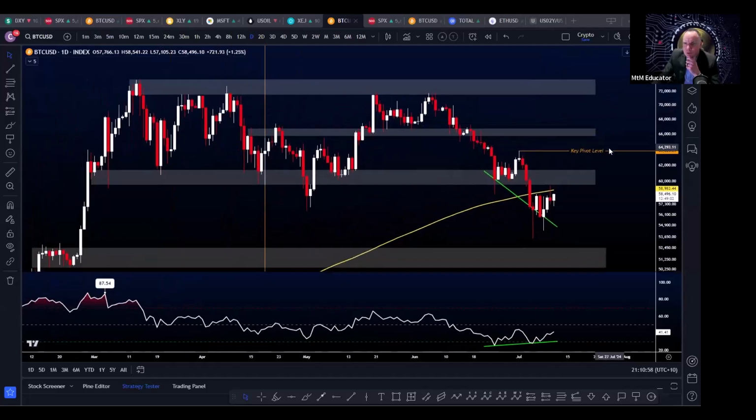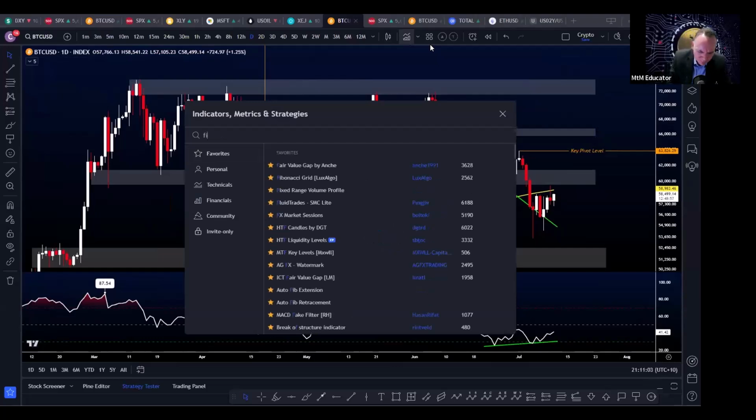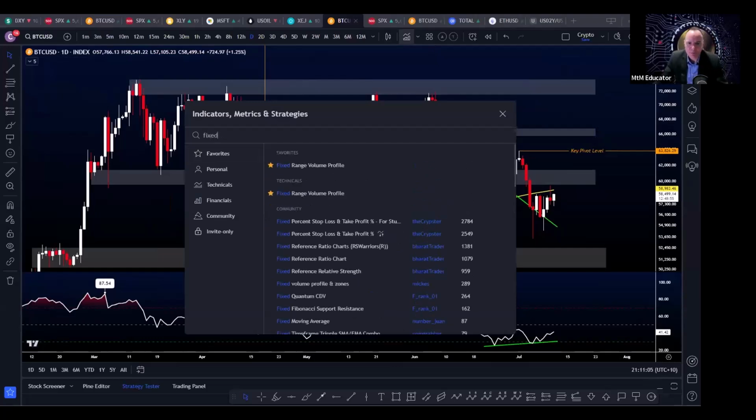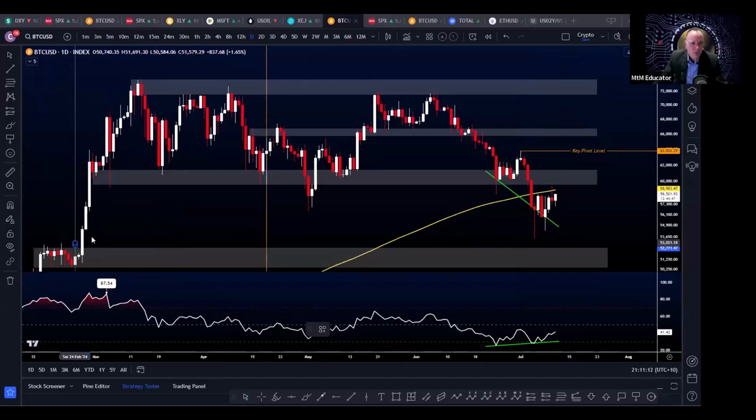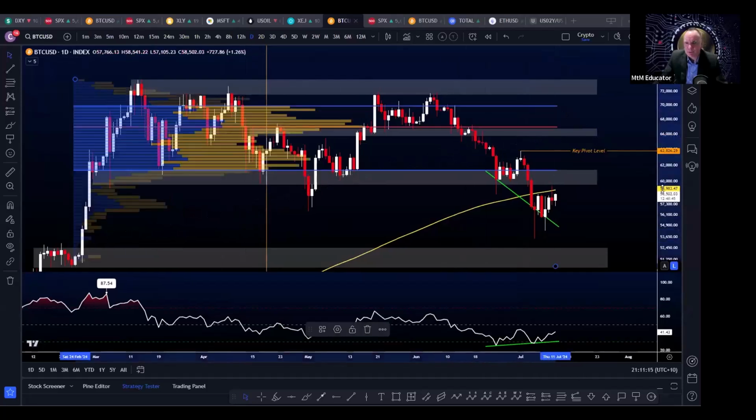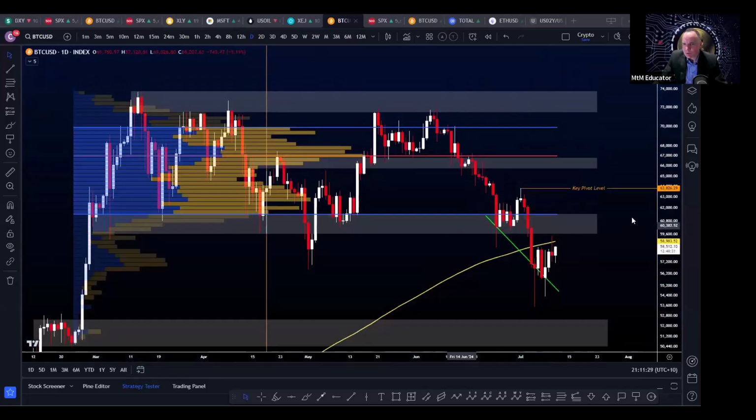The other good tool that I like to use is the volume profile. If I use the volume profile on this, it really talks to where the key levels are. This is your value area low, which acts as a big resistance and support level on volume, and you can see how it aligns perfectly with our support and resistance levels.